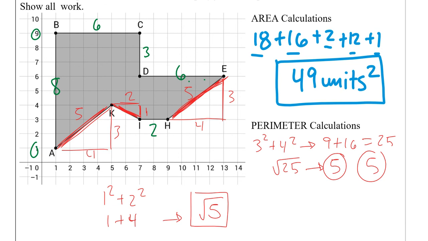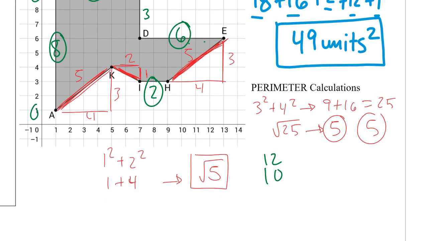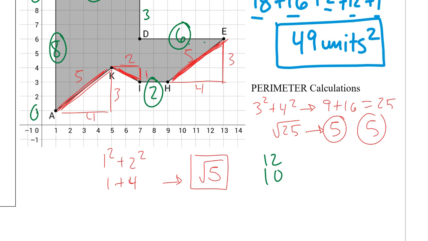Let's put these together. I can see a 6 and a 6, so I'll write that as 12. Also, I'll grab the 8 and 2, which makes a very nice 10. And then I've got a 5 and a 5, which is another 10. And let's not forget this little 3 right there.